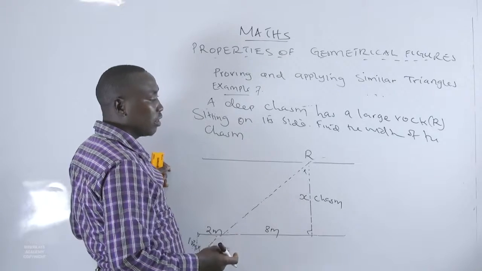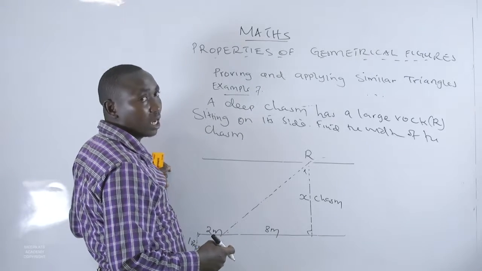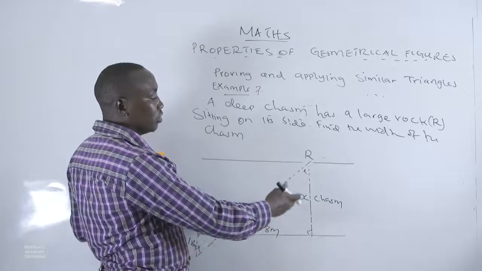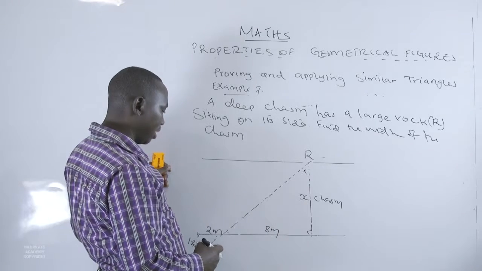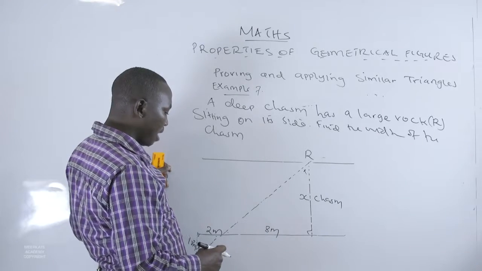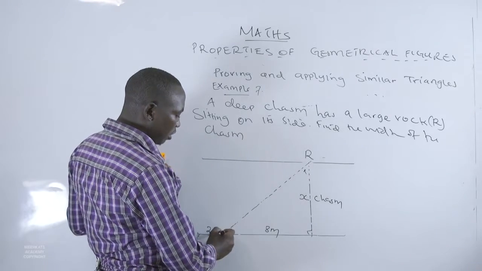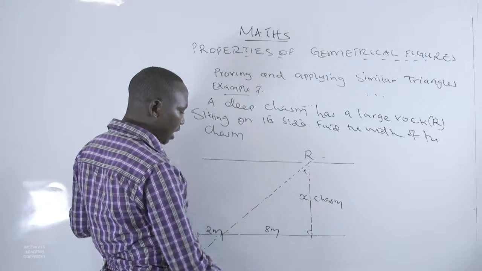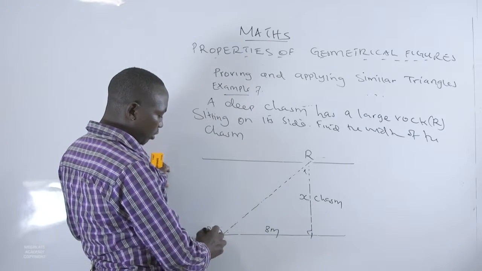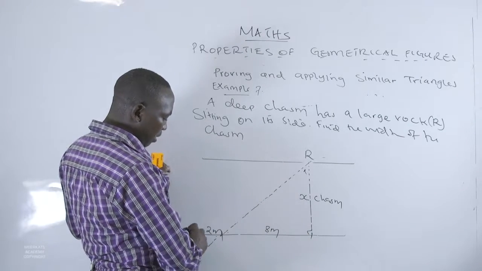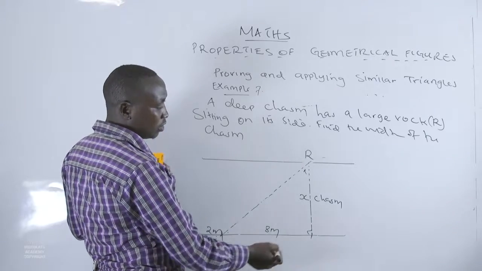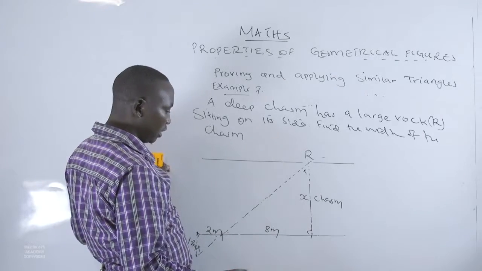And given that these two triangles are similar, we can use the scale factor to calculate the value of x of that particular chasm. In that case, you'll appreciate that this side, which is 8, corresponds to this other side, which is 2. The height 1.8 corresponds to the height of the chasm, which is x.